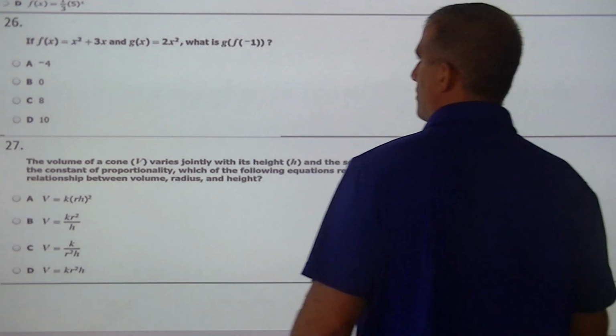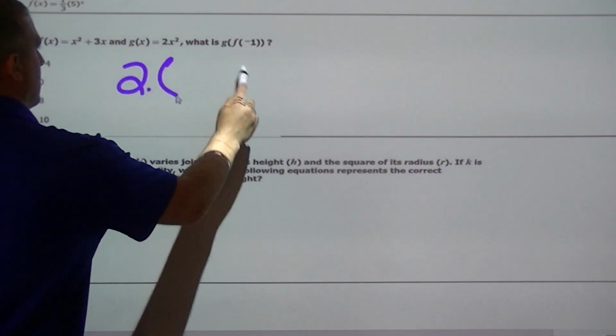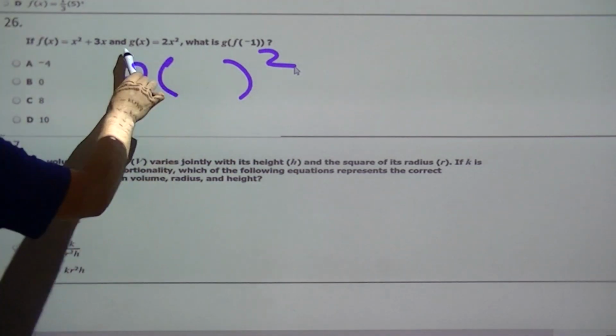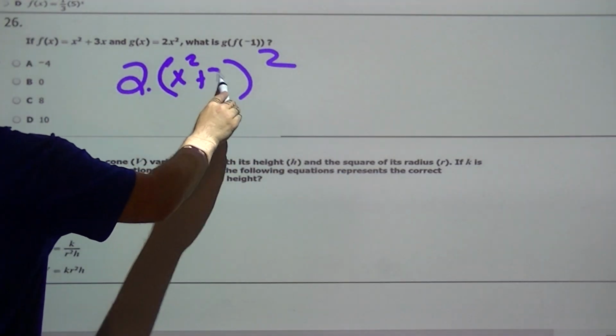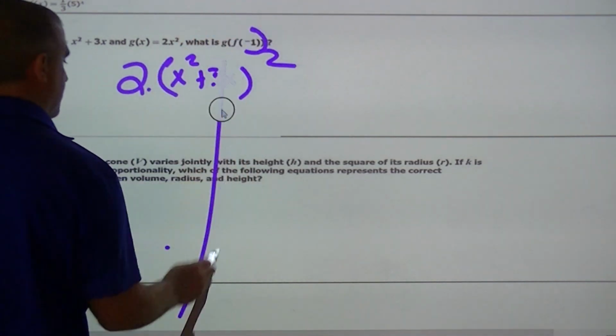26, very similar. I'm going to start with the g function, which is this, 2 parentheses squared. I'm going to put in the f function, x squared plus 3x. Now, since they have a negative 1, that's going to be a little bit different.